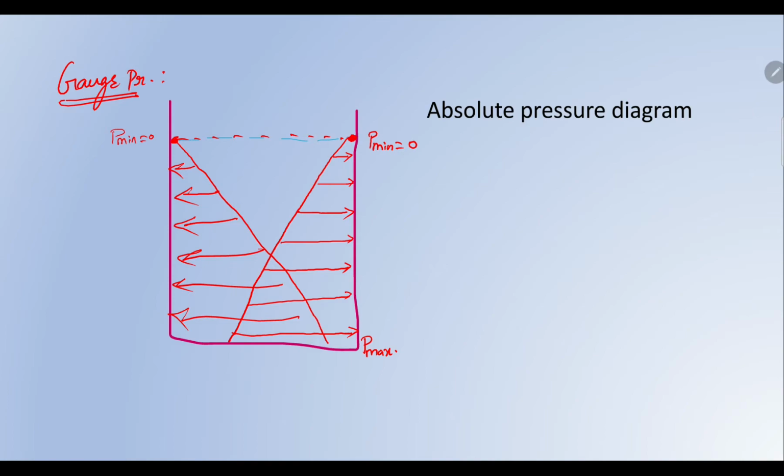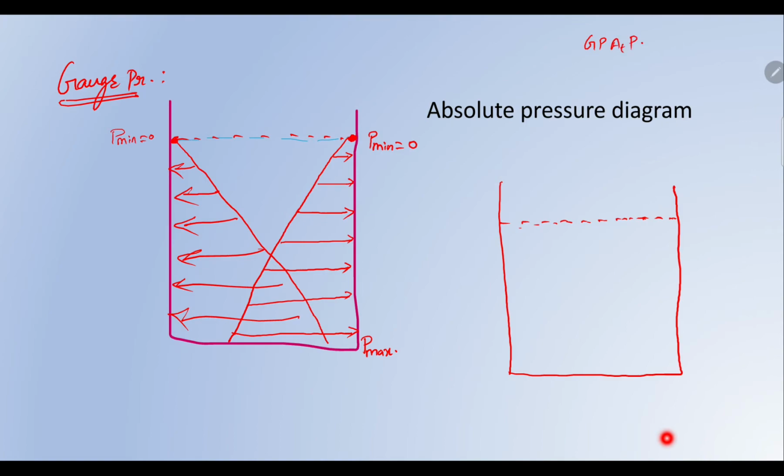And I also wanted to draw the absolute pressure diagram for you guys because it's quite important that you know. If this is the tank and this is the level of the liquid, we already have absolute pressure. Do you remember I told you all about gauge and absolute pressure? So what is this?